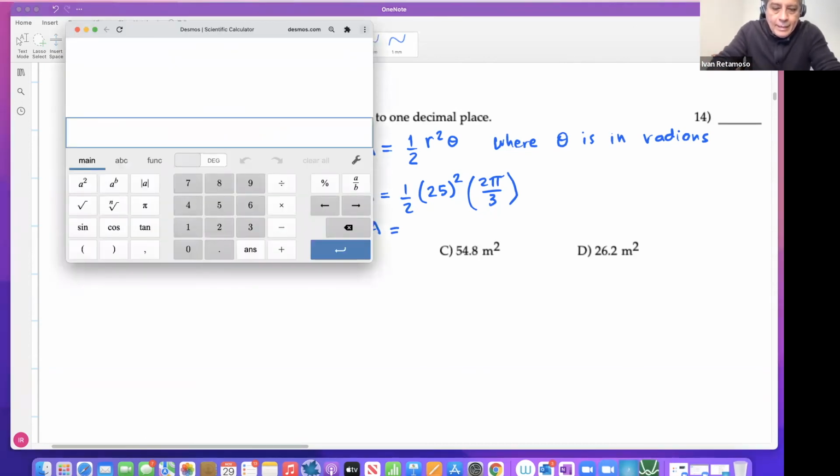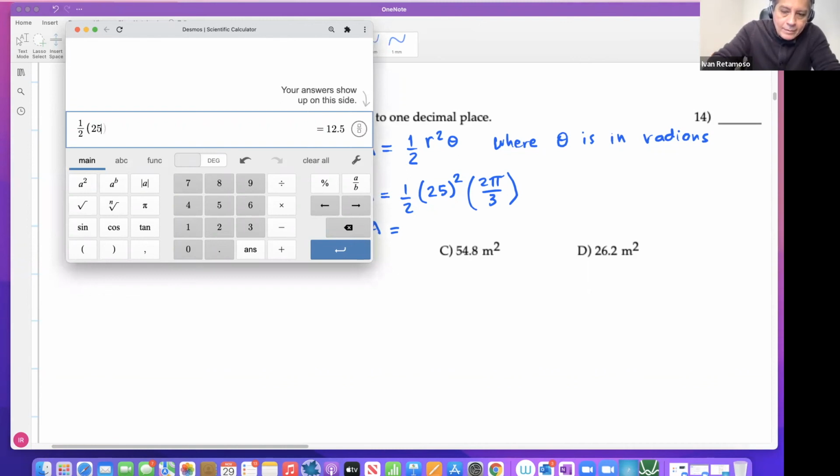You do 1/2 times parentheses 25 squared. You may use this, or you may use shift 6 to place the square there. Times 2 pi over 3. Use your scientific calculator.